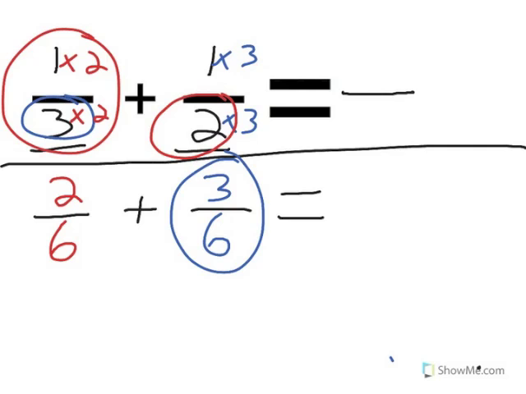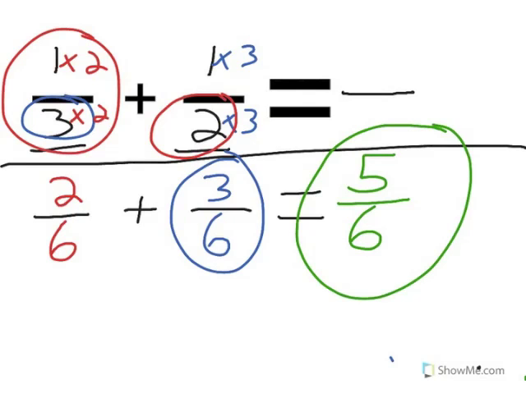Now if you look, we have two fractions with the same denominator, and it's easy. We can now add. Keep the same denominator, 6, and now we just add the numerators. 2 plus 3 is 5, and 5/6 cannot be simplified or reduced. So right there, 5/6 is our answer.